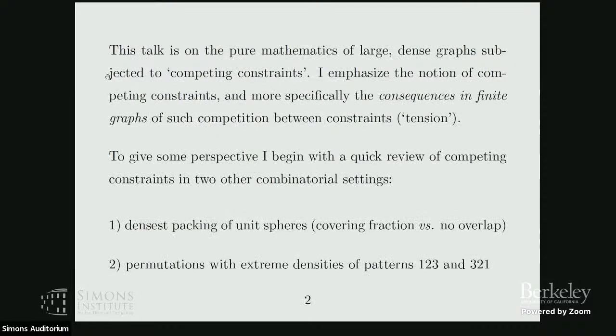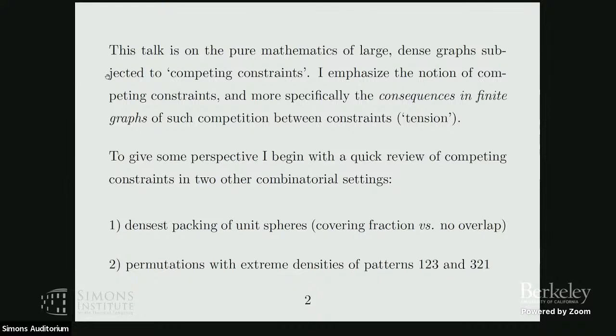When I'm talking here about densest packings, the two competing constraints I'm thinking of are, I have a large number of unit spheres in a big box, say the centers of the unit spheres in a big box, unconstrained. And the constraint might be fixing a covering fraction.